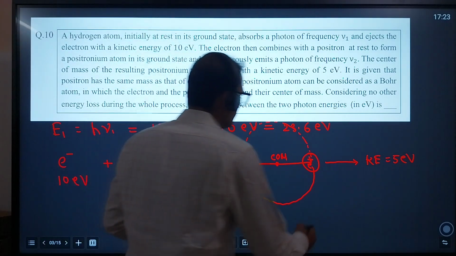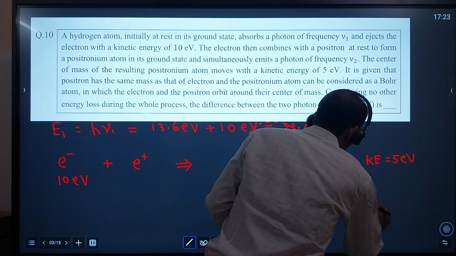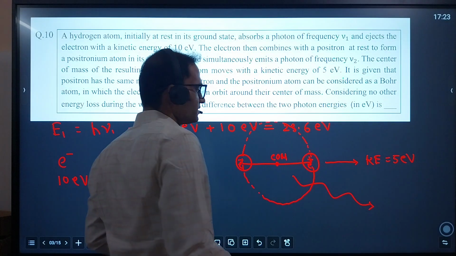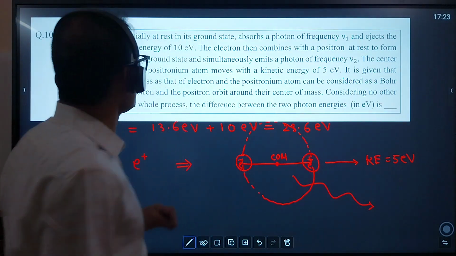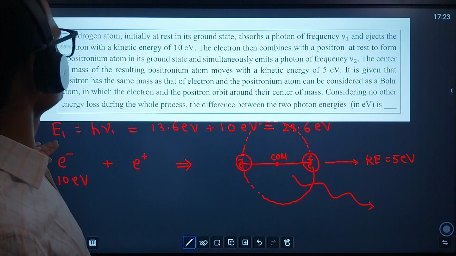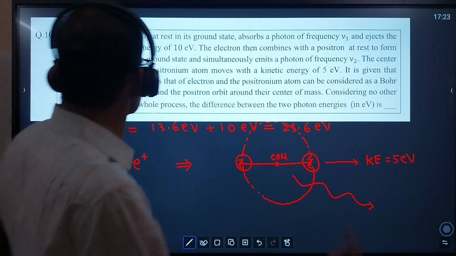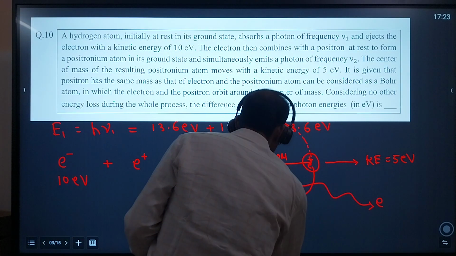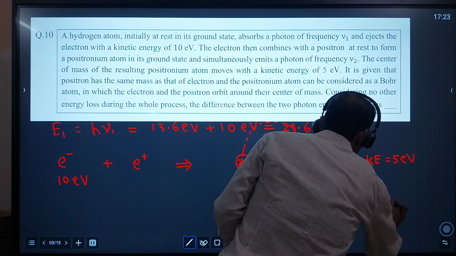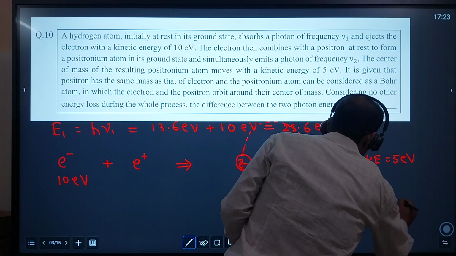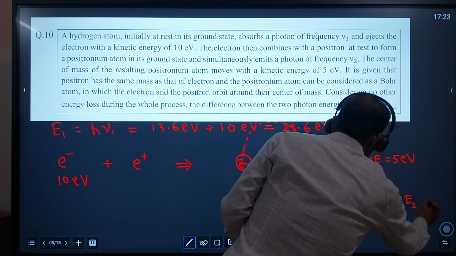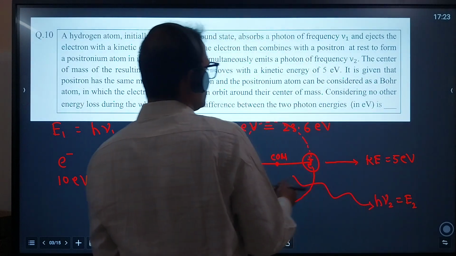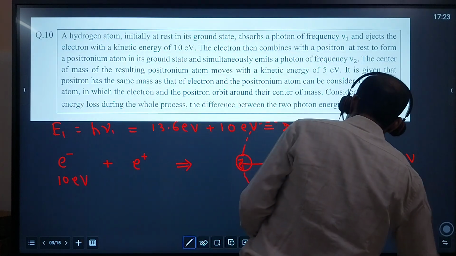So here one photon is also emitted, and this photon has an energy given by this formula. I will call it E2, and actually we have to find E2 also.